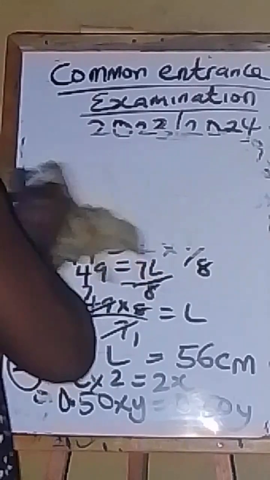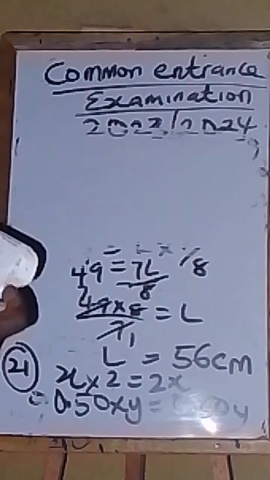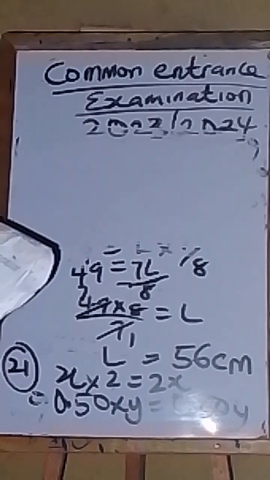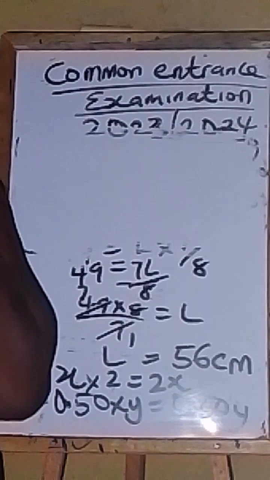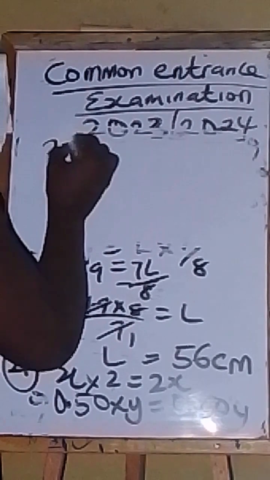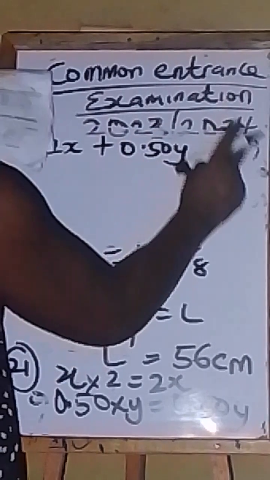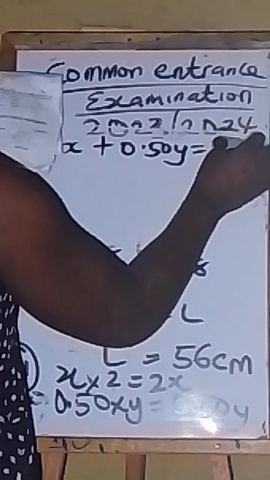So we can write 2x plus 0.50y equals the total amount collected, 1,320.